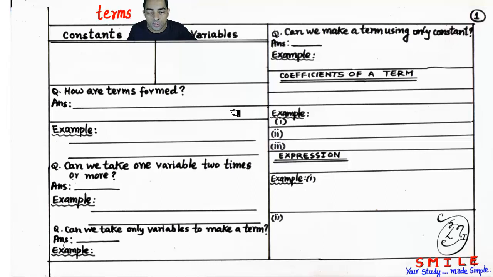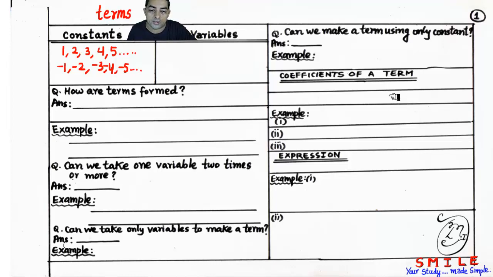As you can see, we have constants on one side and variables on the other side, right? So first we are going to understand what constants are and what variables are. In constants we have all the numbers like 1, 2, 3, 4, 5, etc. On the other hand, we have -1, -2, -3, -4, -5, etc. I mean to say we have integers as constants, so they can be in plus as well as in minus.